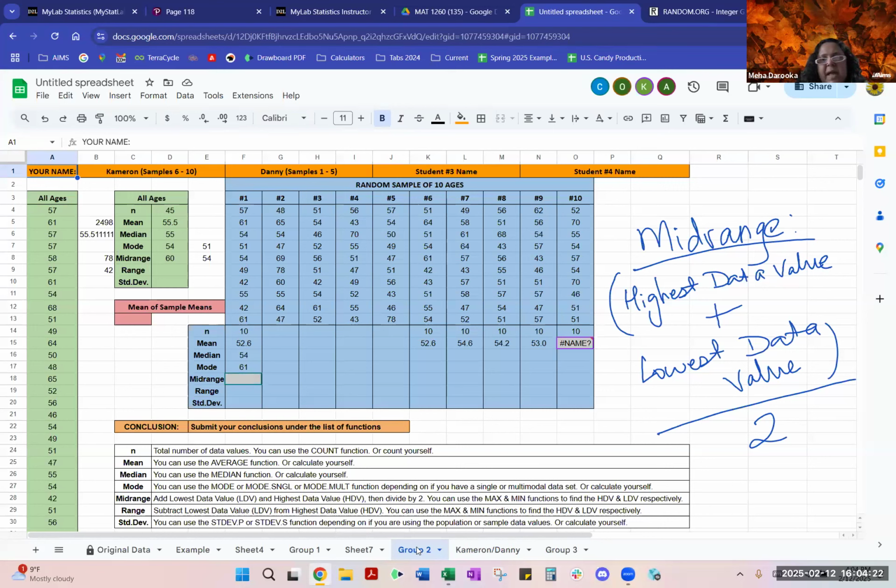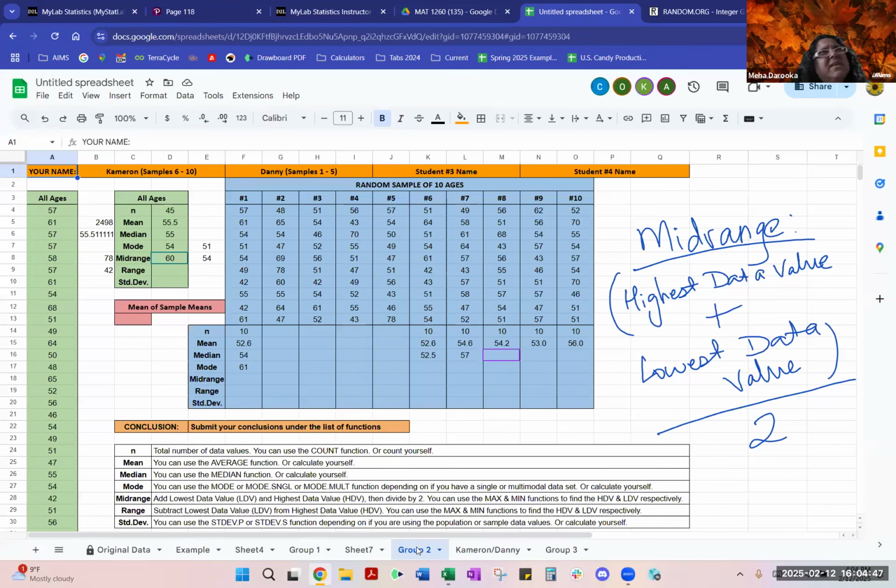So again, guys, remember as you are calculating your mode, be careful if you're using the multi-mode formula, because if you have multiple modes, it puts it vertically down in the cell. So you may have to do that on the side and then bring your numbers in and type them into the box where the mode is. Now, if you only have a single mode, that's not going to be a problem.